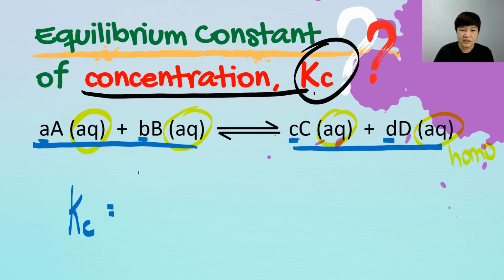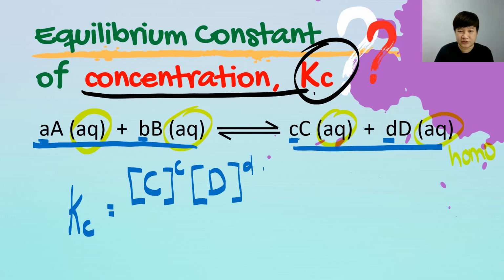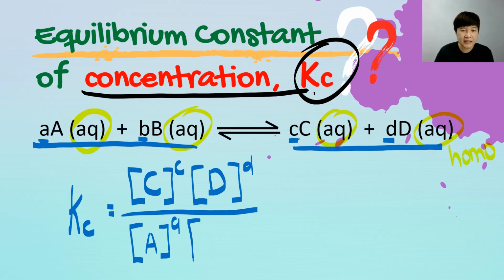So let's see. Your Kc over here will be C concentration to the power of its coefficient times D concentration to the power of its coefficient versus the reactant. So I have concentration of A to the power of its coefficient, and then the concentration of B to the power of its coefficient.